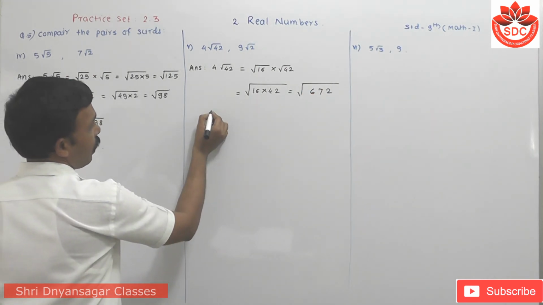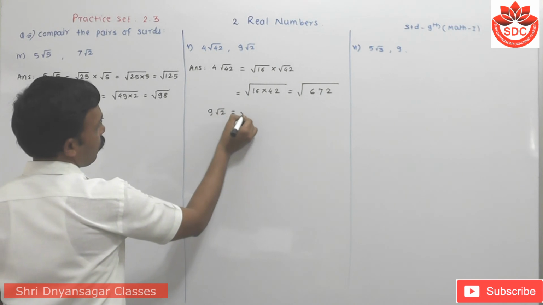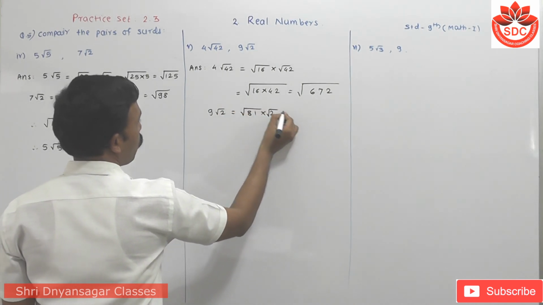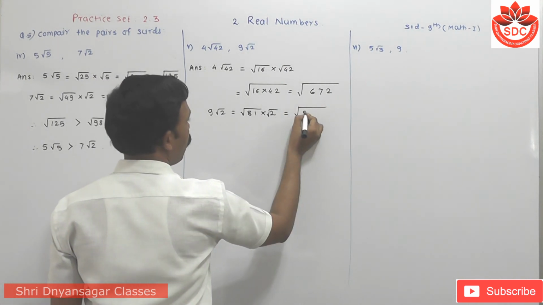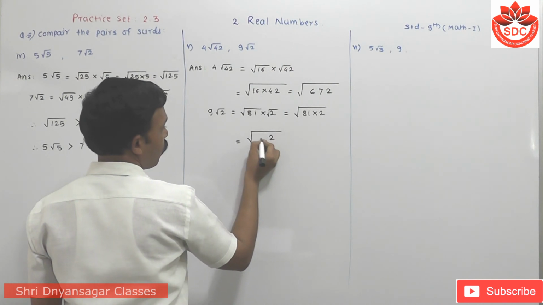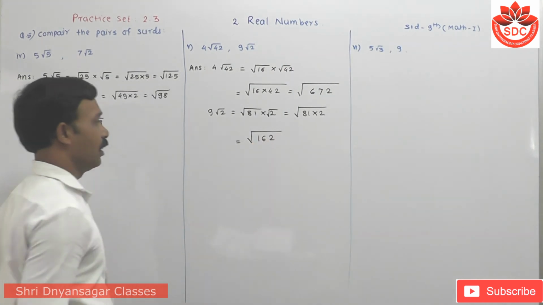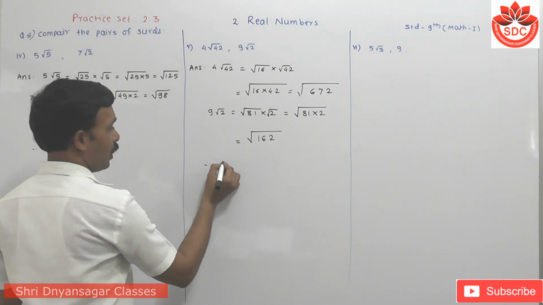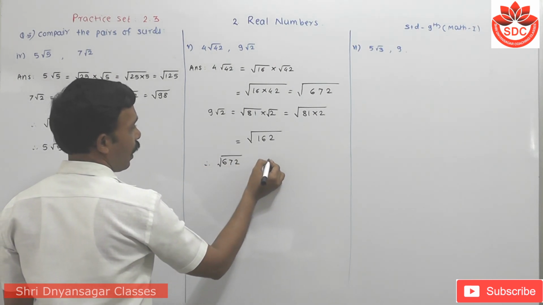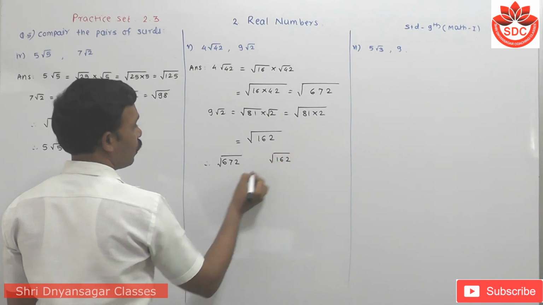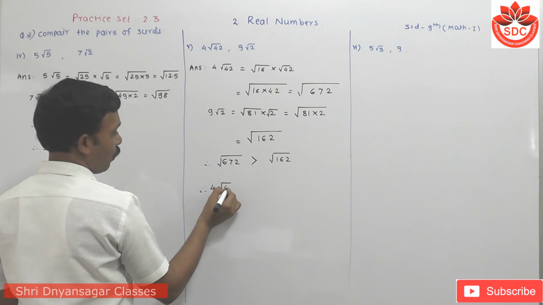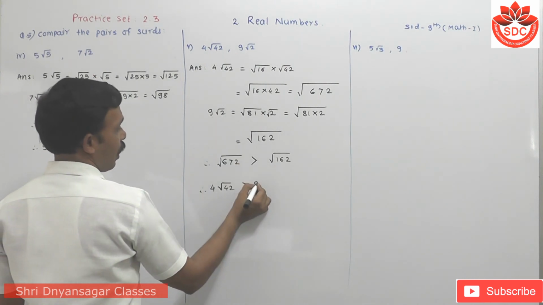Then 9 root of 2 is equal to root of 81 into 2, which is root of 162. Student, when we observe carefully, 672 is the greater one here, so correspondingly, 4 root of 42 is greater than 9 root of 2.